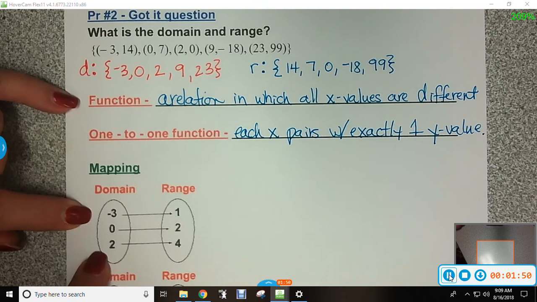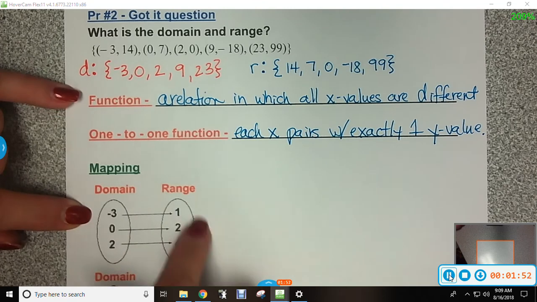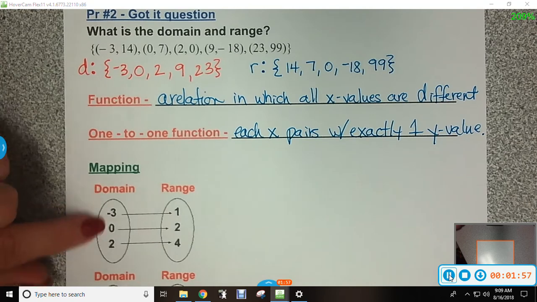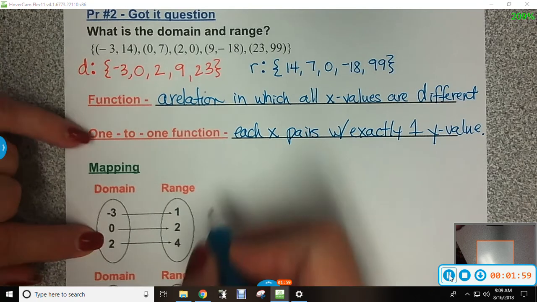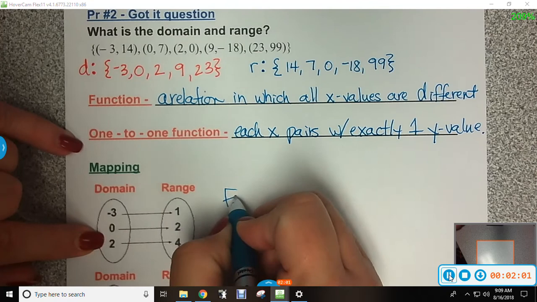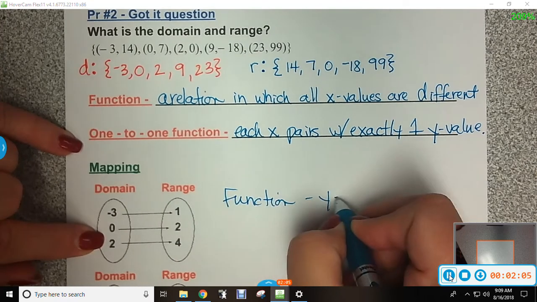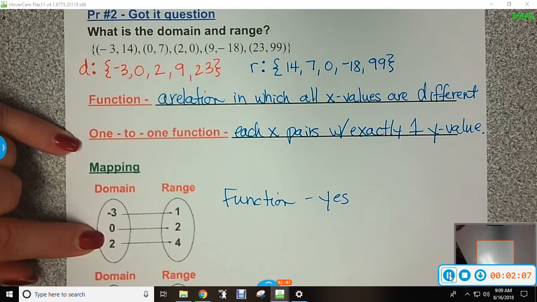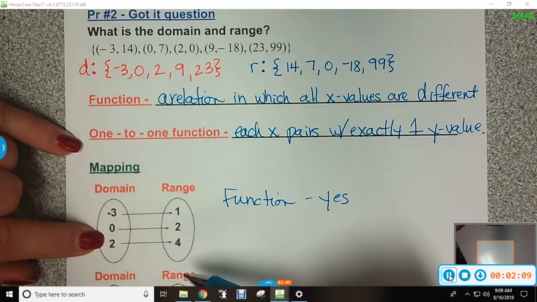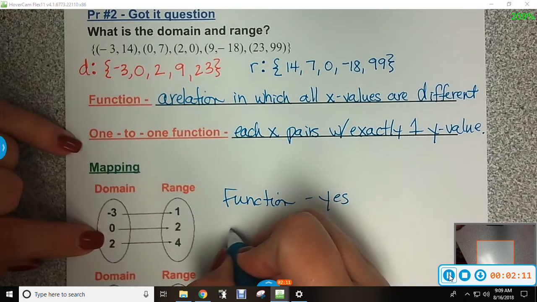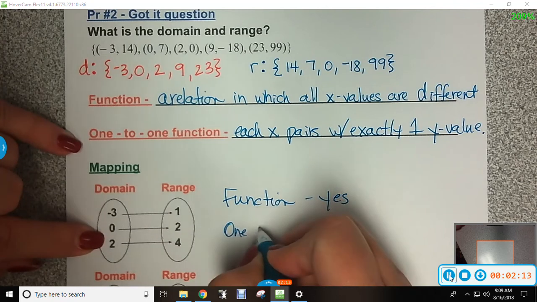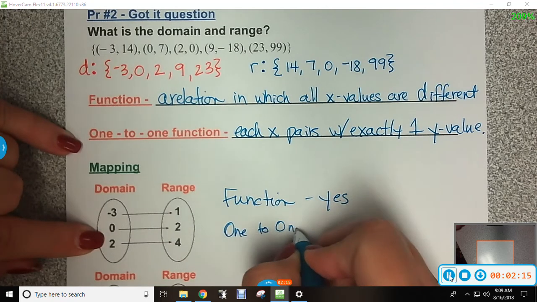Each of these x's is used once, each of the y's is used once. So here's the thing, because each of these x's are only used once, yes, it is a function. Then, because each of the y's are also used only once, it is also a one-to-one function.